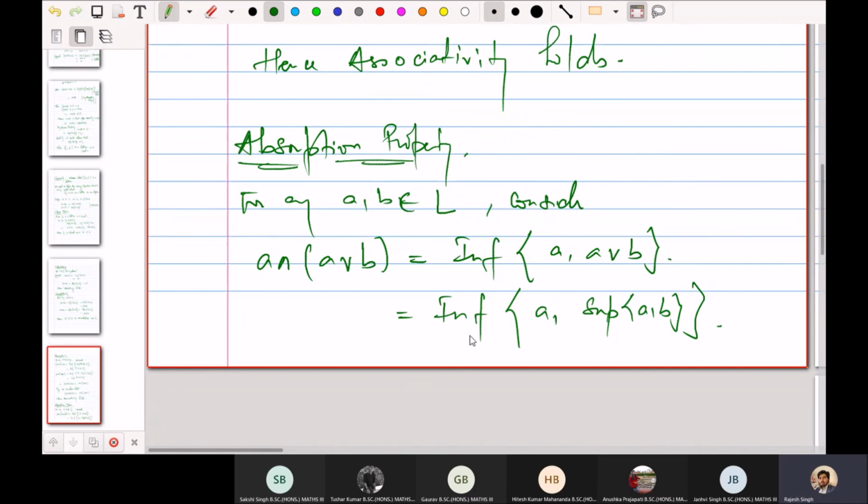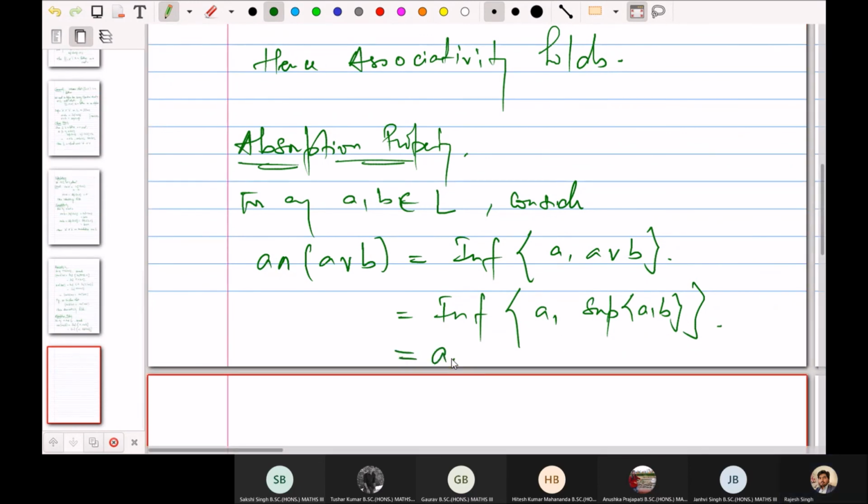What it will come out to be? सुप्रीमम ऑफ ए बी का मतलब क्या है? या तो ए होगा या बी होगा. ए कब होगा? जब ए बड़ा होगा. बी कब होगा? जब बी बड़ा होगा. तो अगर ए आ गया तो ए और ए में इनफीमम निकालोगे तो ए आ जाएगा. अगर बी आ गया तो मतलब बी ए से बड़ा है तो ए और बी में इनफीमम निकालोगे तो ए आ जाएगा. So in either case you will get A, right?